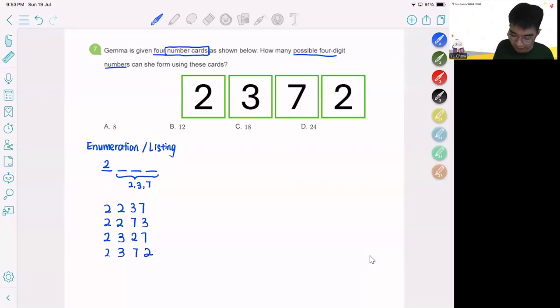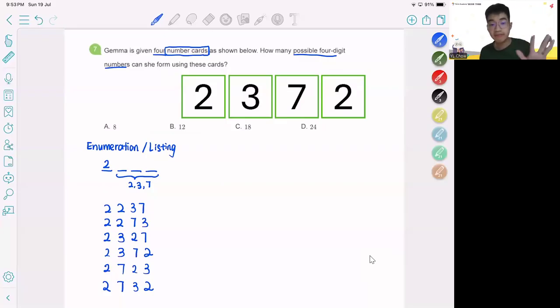Now moving on, we can still use 2 as a thousands digit, but now I have to use 7 as my hundreds. Then we follow the order: 2, 7, 2, 3, then 2, 7, 3, 2. Up till now, I have selected 6 such four-digit numbers, and it seems like we have finished listing all possibilities where 2 is the thousands place.